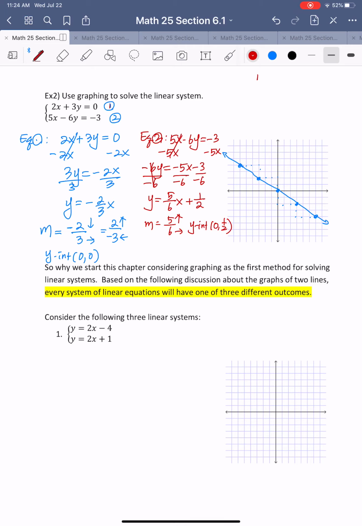Since I have 5x minus 6y equals negative 3, let me put the LCD as 6, so y equals 5 over 6 x, and then if I multiply 3 on both sides as 1/2, I get 3 over 6.